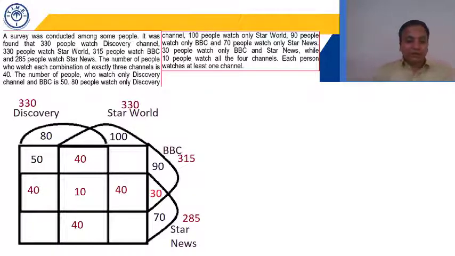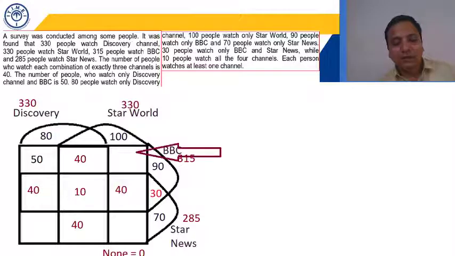So whatever information is given till now, we have filled in. One point is left: each person watches at least one channel. That is, none is 0. Now what comes in this region?